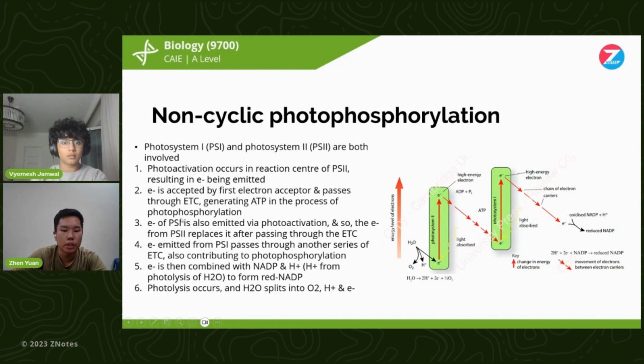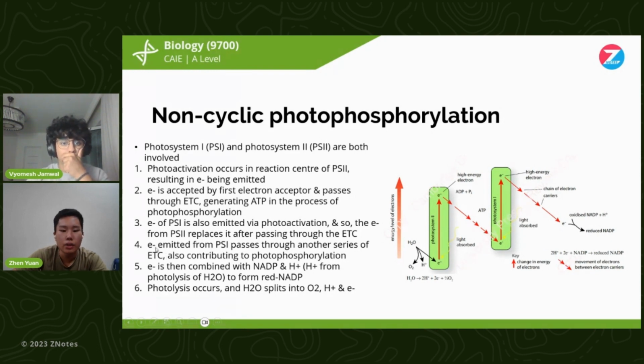So the electron of photosystem 1 is also emitted via photoactivation. Same thing. And the electron from photosystem 2 replaces it after passing through the electron transport chain. See, your electron here replaces the electron in your reaction center after it has been emitted and passed through your electron transport chain.